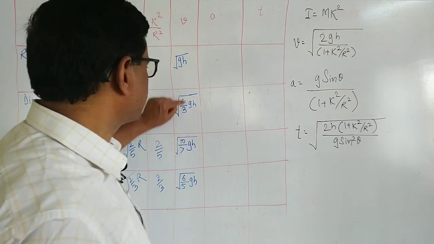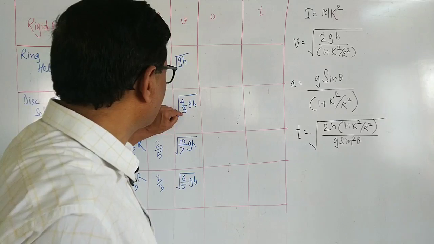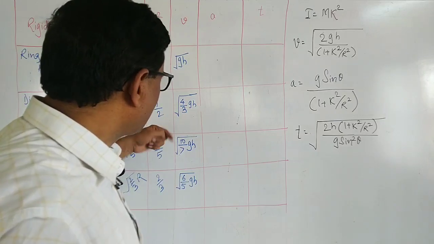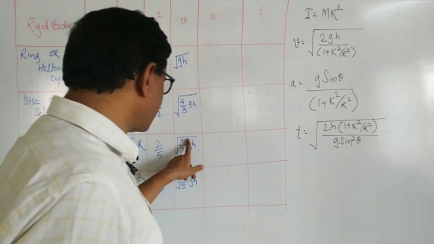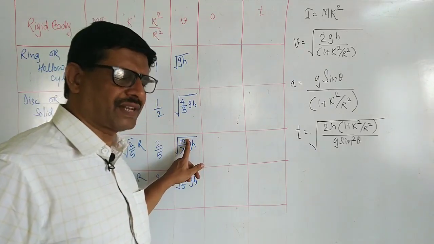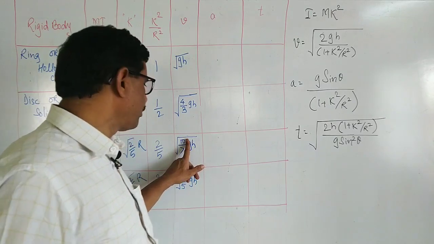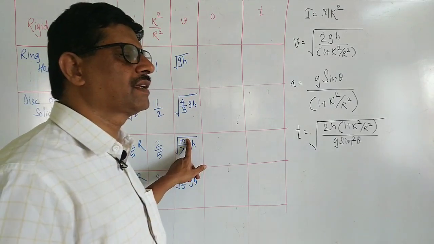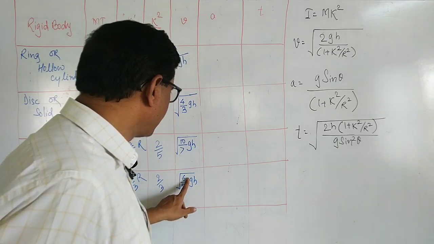It is 1 gh, it is 1.33 gh. When you divide 4 by 3, it will be 1.33. 10 by 7, it is 1.43, and it is 1.2.